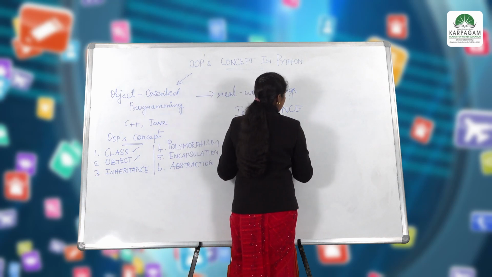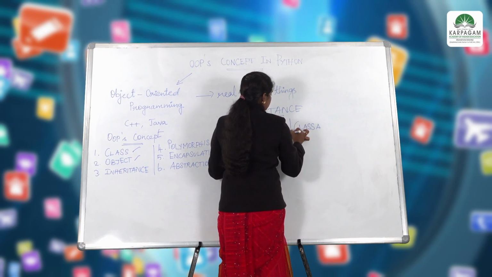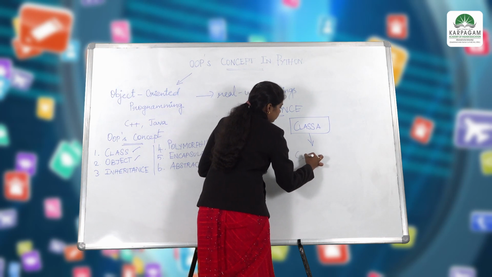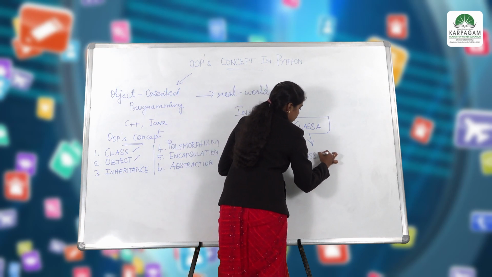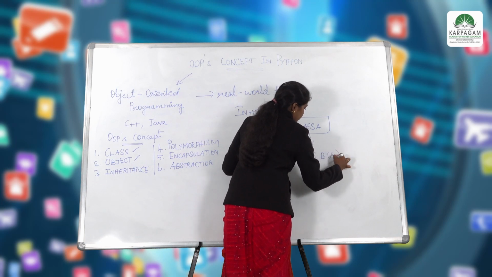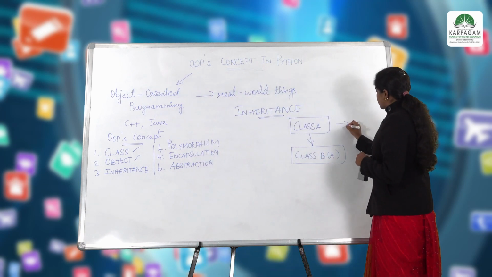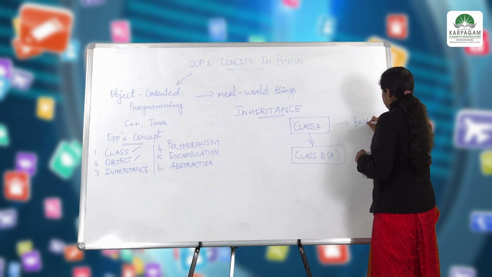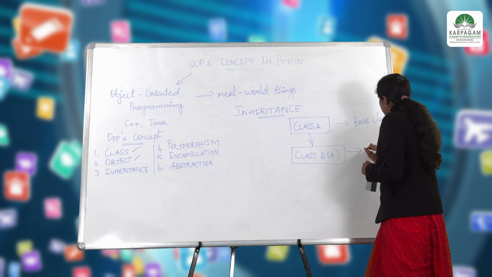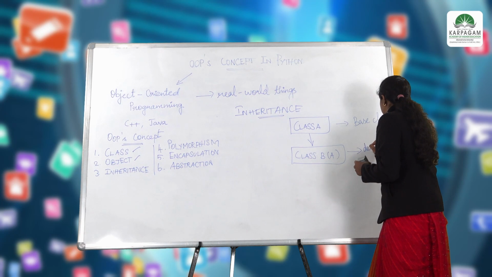That is, if I have a class A, and I create a class B which inherits A. See here, A is a base class, and class B is a derived class.